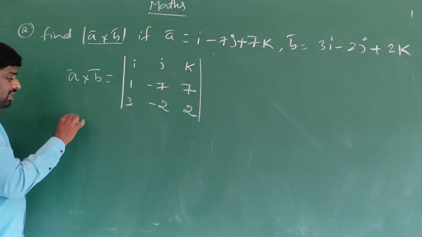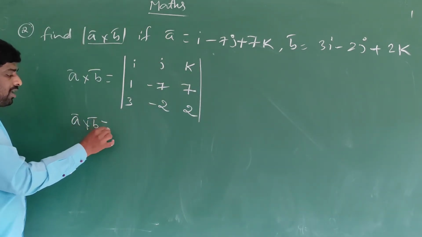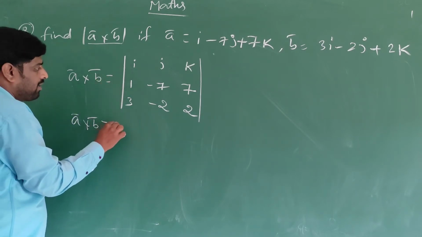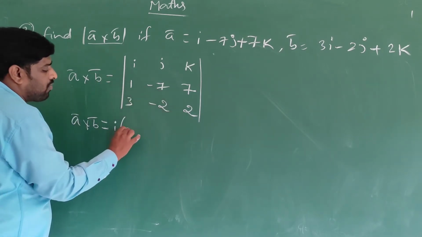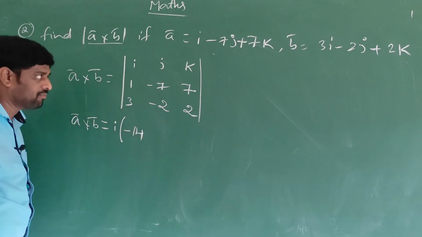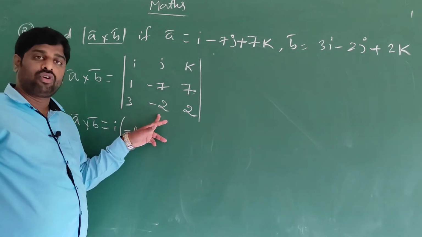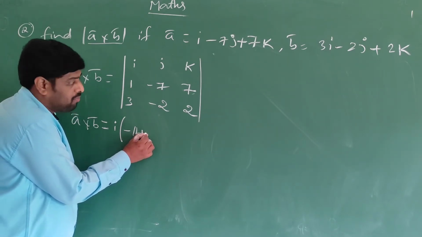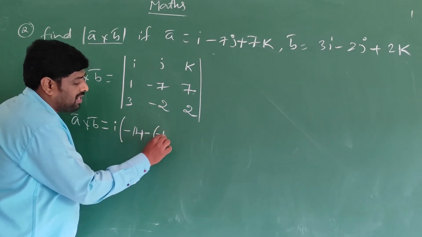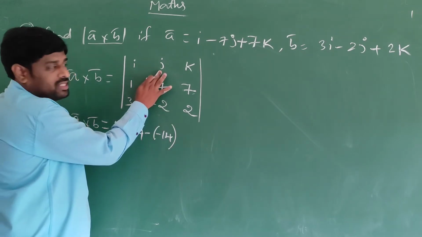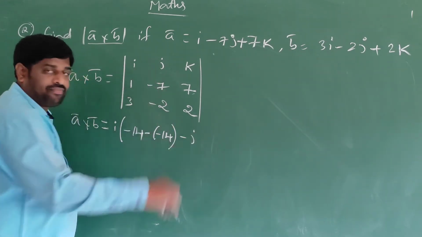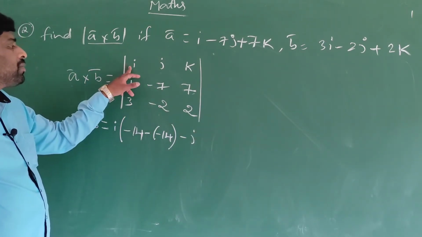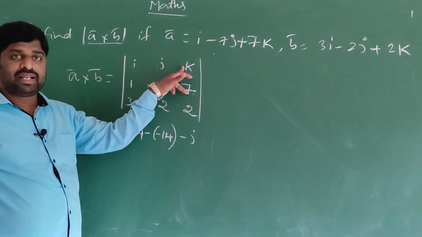That is A bar cross B bar equal to i into 7 2s are 14 minus 14, and again here one minus will come, minus into minus 14. Next come to the second element. Minus j. Already I told here plus minus plus.